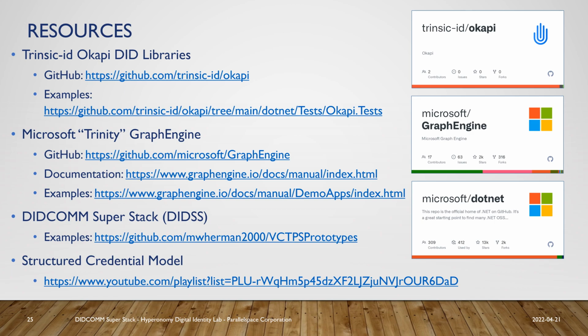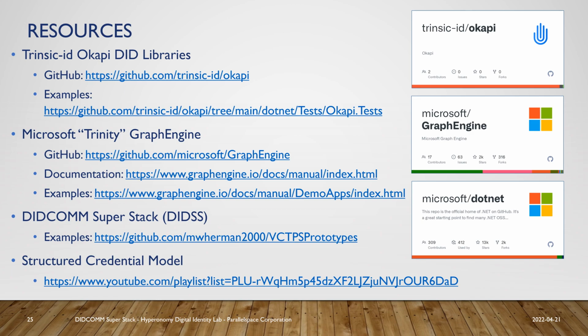Resources, again, just kind of organized around the 3 layers in the DIDCOMM superstack. So for Transic, DID and DIDCOMM libraries, there's the GitHub repository, and the best place to look for coding examples for C# developers. Again, these libraries are available to support more than half a dozen language environments, I believe.